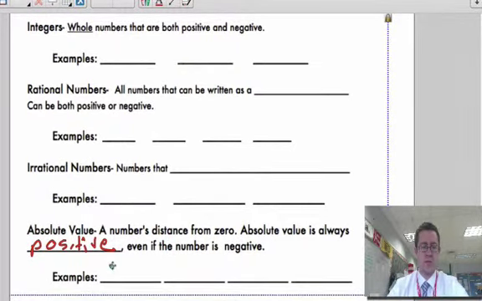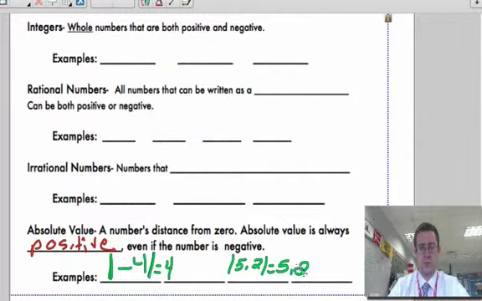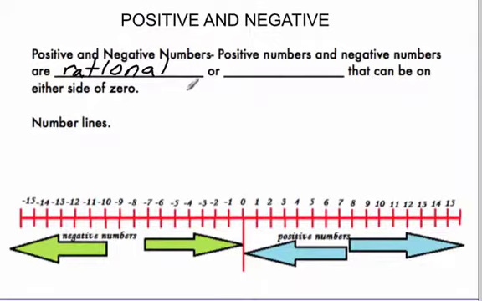If I write something like -4, absolute value, draw 2 lines beside it, and its absolute value is 4. It's 4 from 0. 5.2, its absolute value is 5.2. So I have to draw those 2 lines, and it tells me the absolute value of that number, and it's always going to be positive. It's distance from 0.